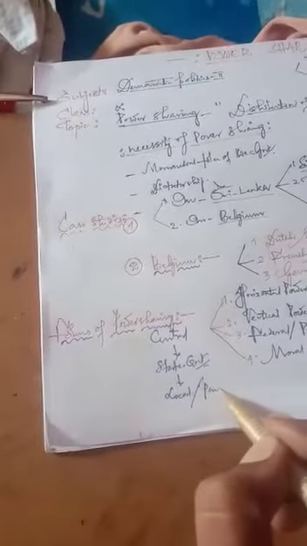Next one is vertical power sharing. As I already told you earlier, it equals the federal form of government. Some powers are vested in the hands of the central government, some powers are vested in the state government, and some powers are vested in local self-government bodies or Panchayati Raj.